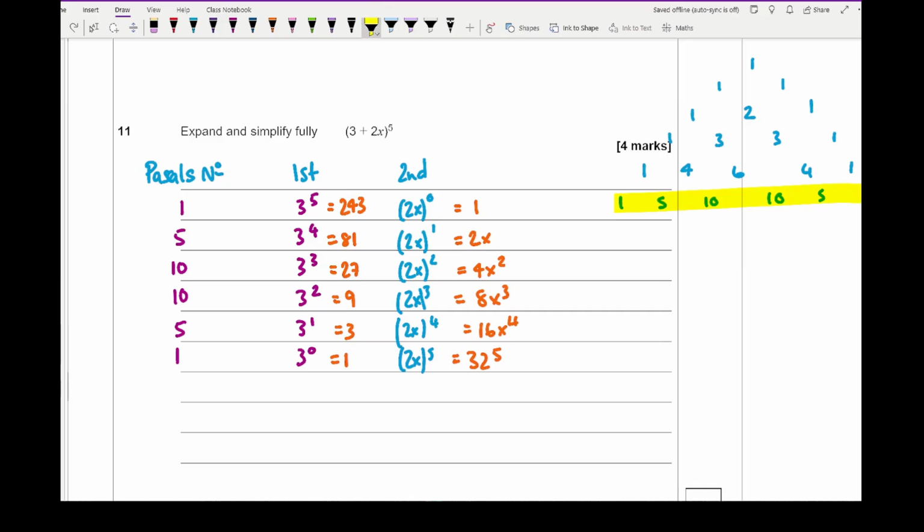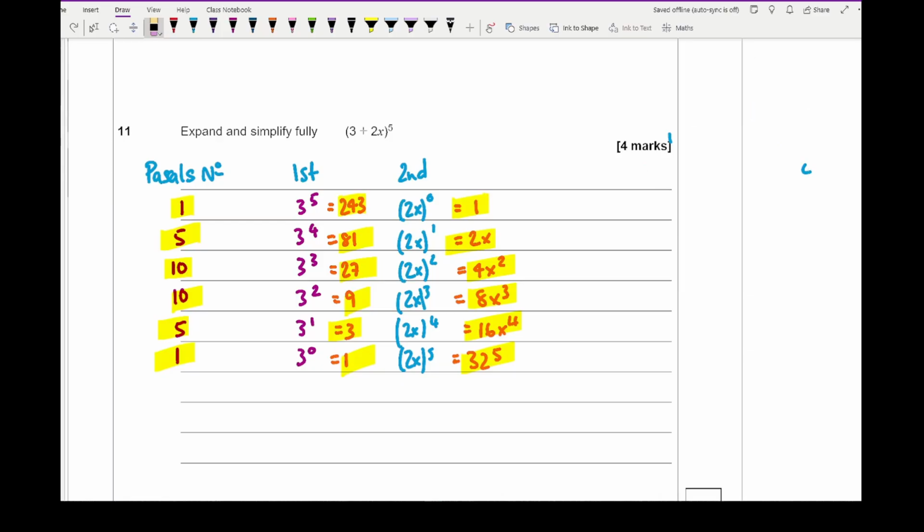Then all that's left for me to do is multiply these three things to get our expansion. If I just get rid of Pascal's triangle, just so I've got a bit more room, this is going to become 1 times 243 times 1.